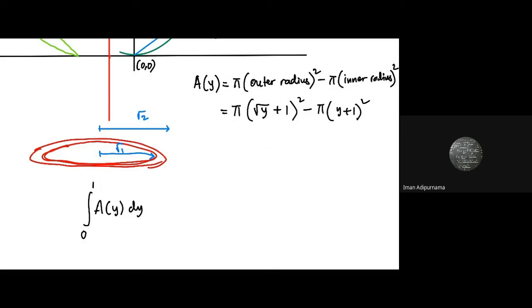Let me write at the bottom here. The integral from 0 to 1, and then pi times the quantity 1 plus the square root of y, squared, minus y plus 1 squared, and the whole thing, don't forget to multiply by dy. Now this is the integration.